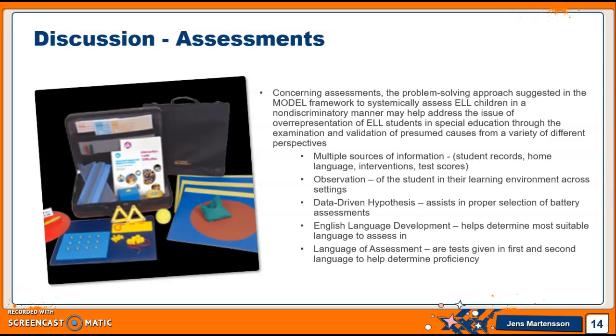Just to review, it was multiple sources of information, observation of the students, data-driven hypothesis, English language development, and the language assessments that are given in their first and second language to help determine their language proficiency. These are all very crucial components to the evaluation process.